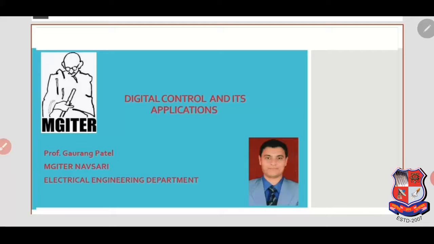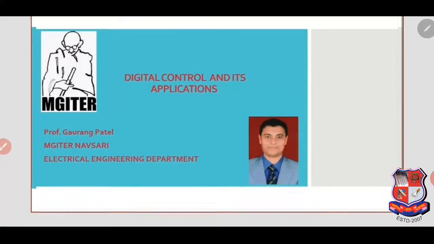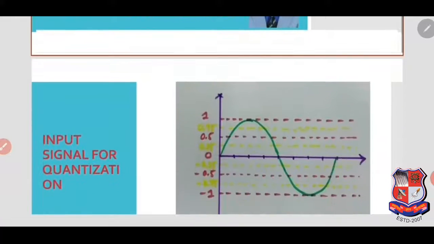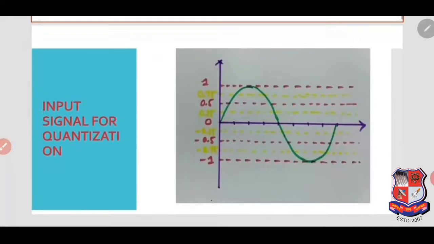In the last session, we learned about finding the step size and finding the quantized level. Let's take a glimpse of the last lecture. We took one signal as a sinusoidal input and took samples from that signal.